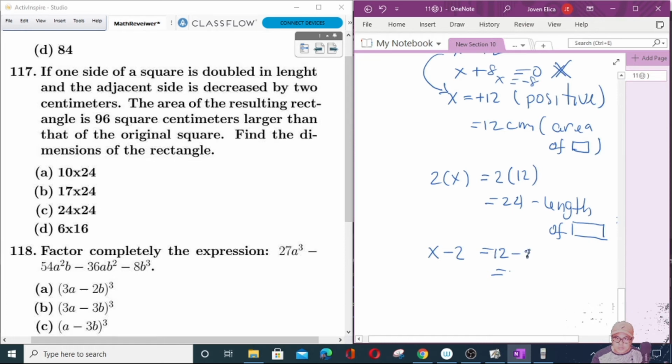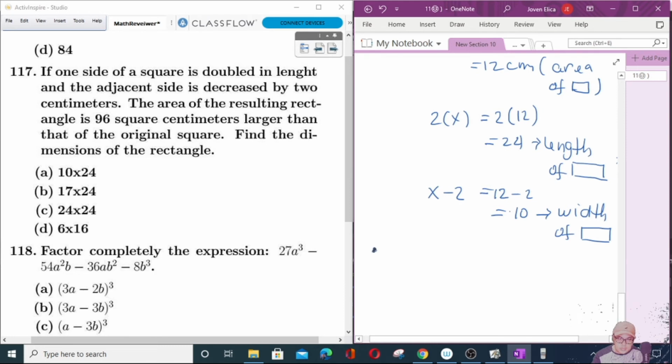This is 12 minus 2, which is equal to 10. 10 is the width of the rectangle.